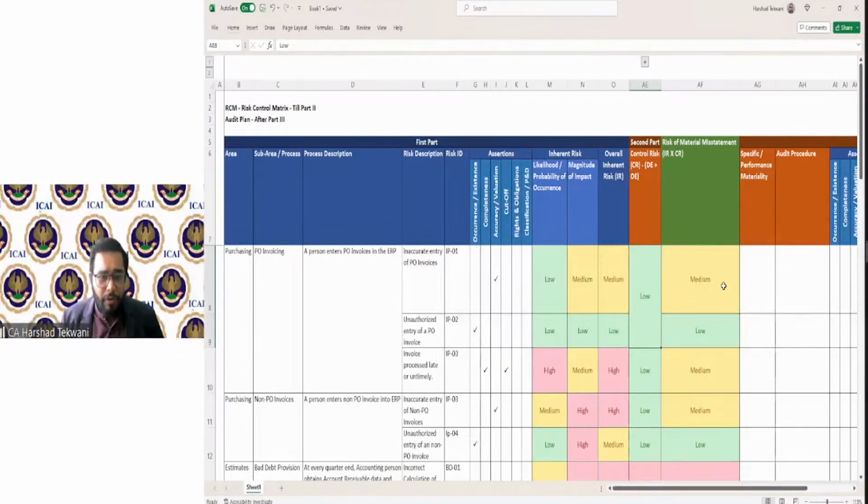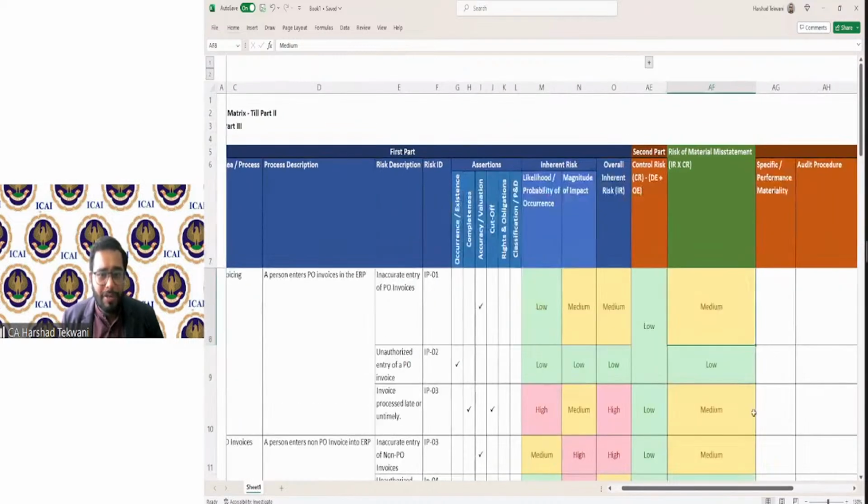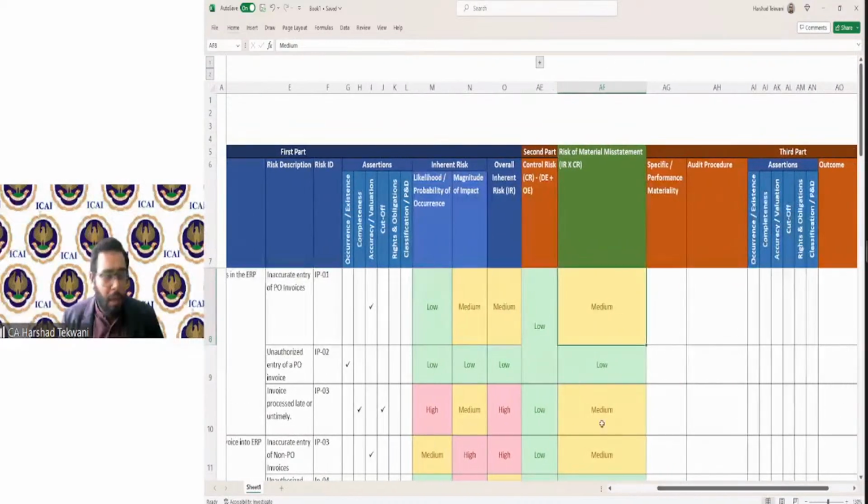So I have a control risk, and I have an overall risk of material misstatement. Now I need to understand what audit procedures I need to perform. Let's say you want to check whether the invoices are entered accurately into the system.